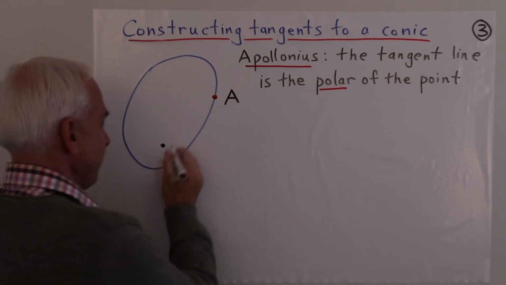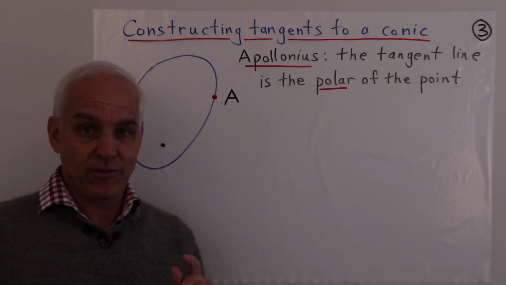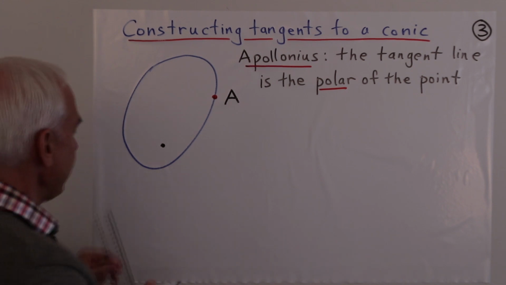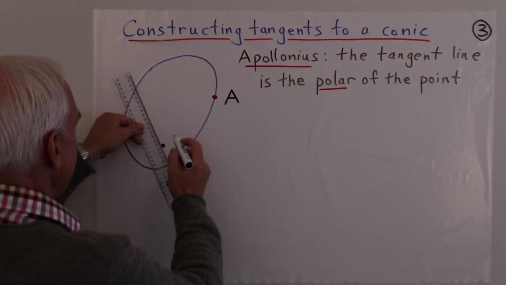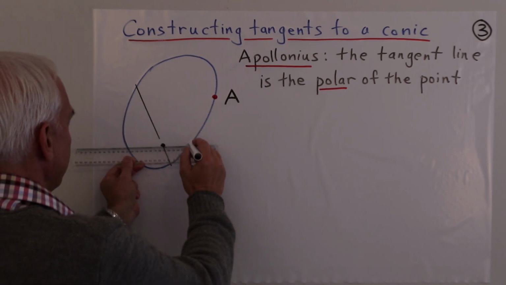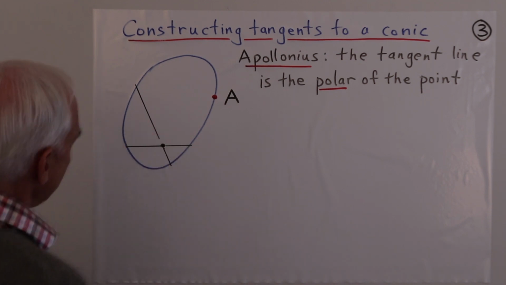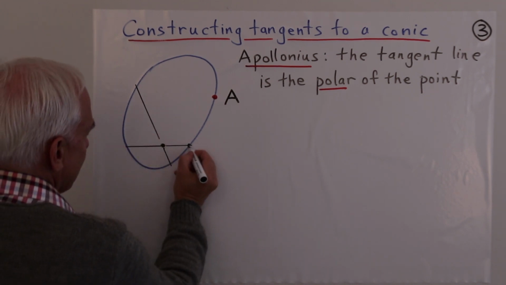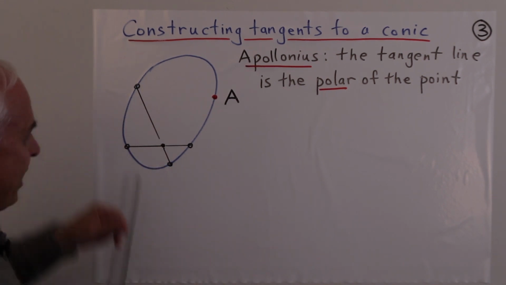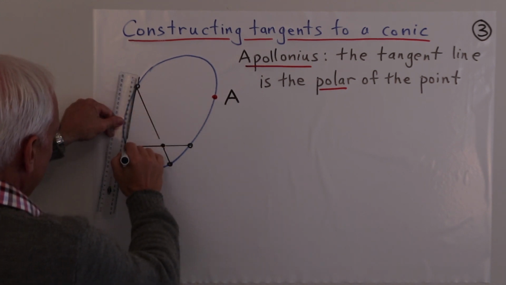So let's choose a point somewhere here, and I'm going to construct the polar of this point, which is a line somewhere out here. And how I'm going to do that, and this was known to Apollonius, I'm going to choose two lines that pass through this point. So these two lines determine 4 points on our conic, and the 4 points have some auxiliary lines that we can draw.